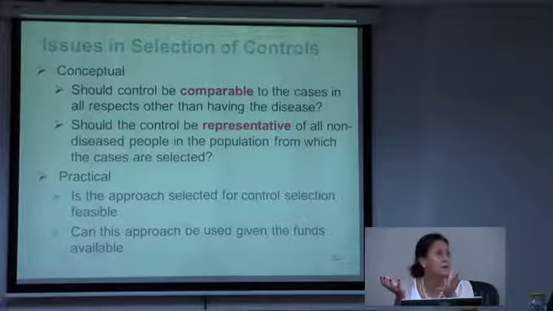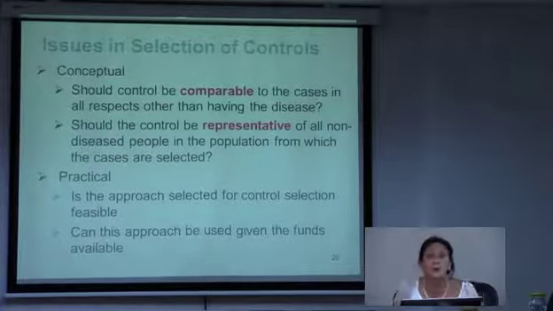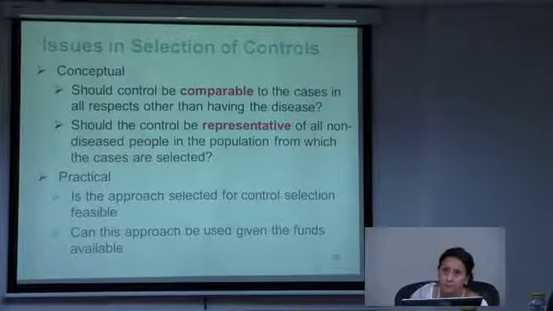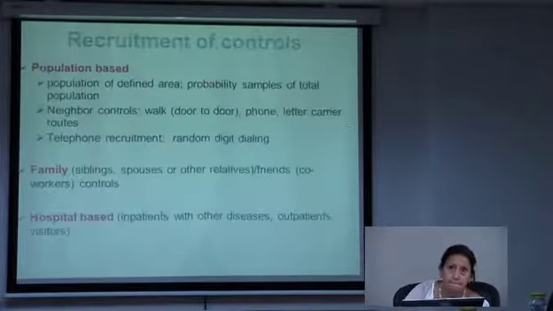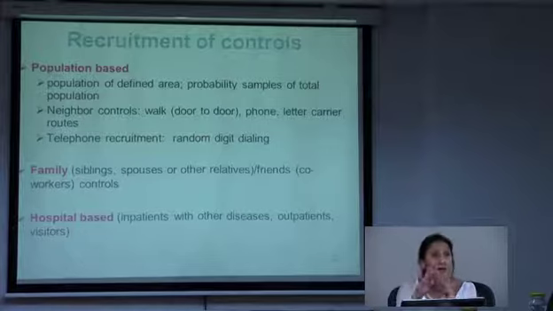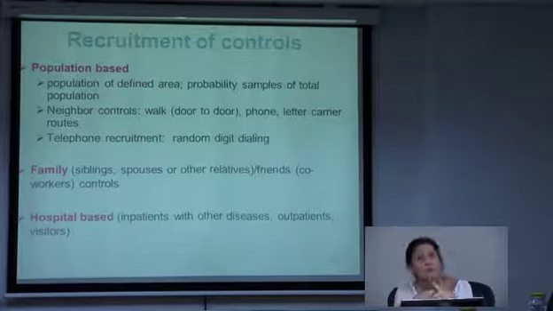Don't compromise validity, but sometimes you're limited by what you have in terms of human resources or money. So we can select them as population-based controls. If I want the healthy, these are usually population-based, so they come from the general population.